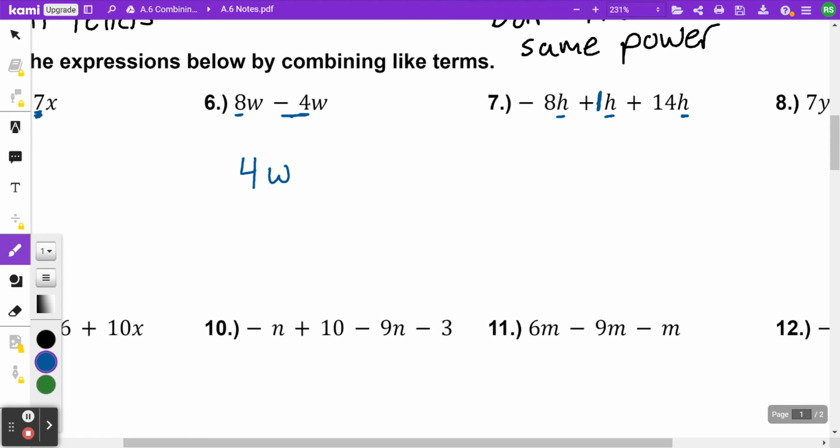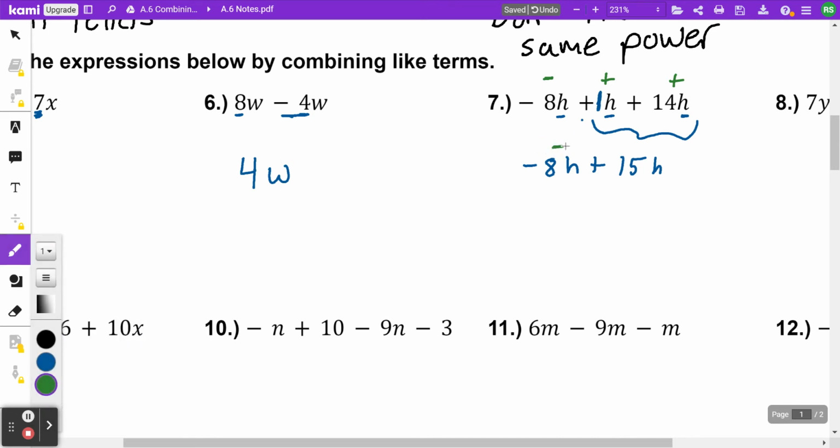All right, let's see. Negative 8h plus 1h plus 14h. So like if I'm thinking over here, I've got two positives and a negative here. So let's add up the positives. 1h and 14h gives us a total of 15h. So we're doing negative 8h plus 15h.